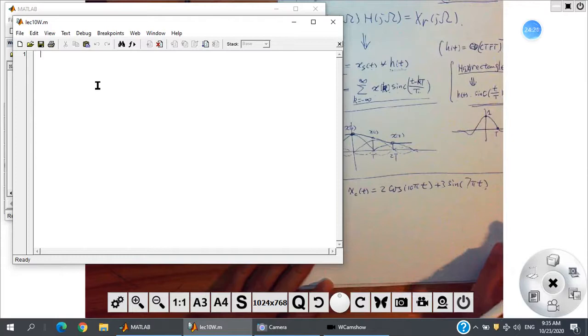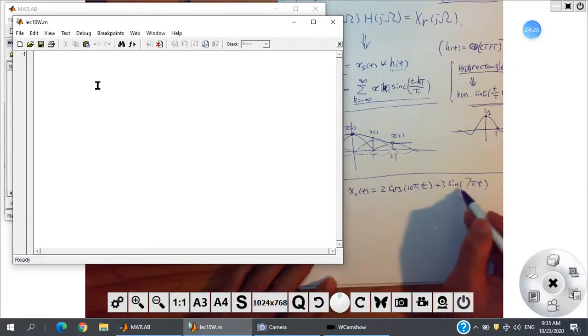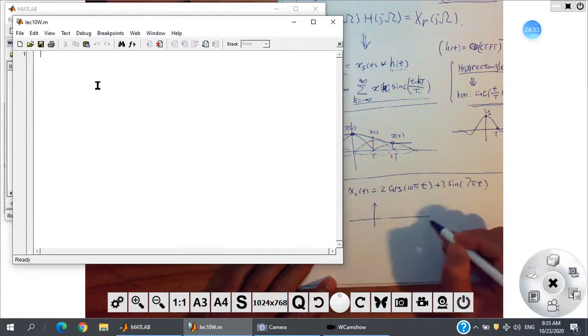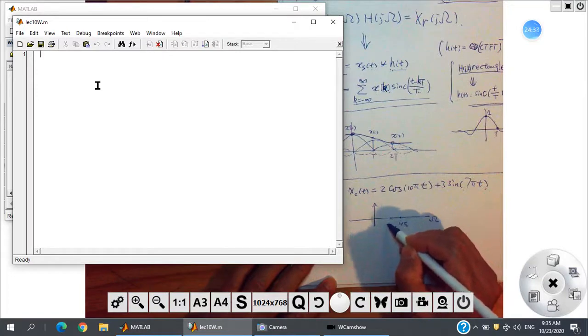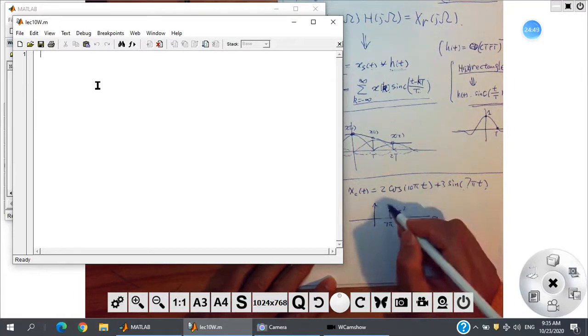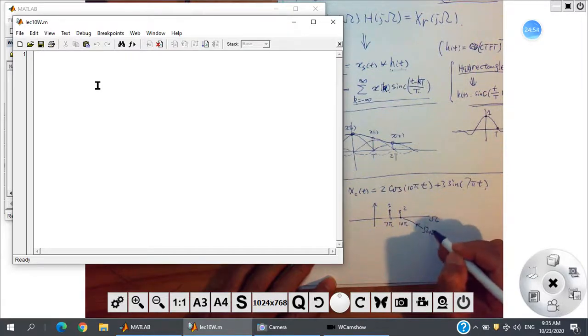We want to take samples of this signal, so you need to know the Nyquist sample step. You need to know the band limit, the frequency limit. In omega, you have 10 pi and you have 7 pi. So in the frequency domain it looks like this, right? Two frequencies: at 10 pi the amplitude is 2, and that one is 3. Then this is omega n, and omega n is 10 pi.